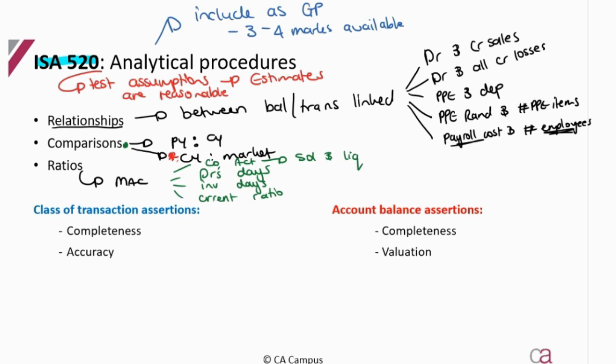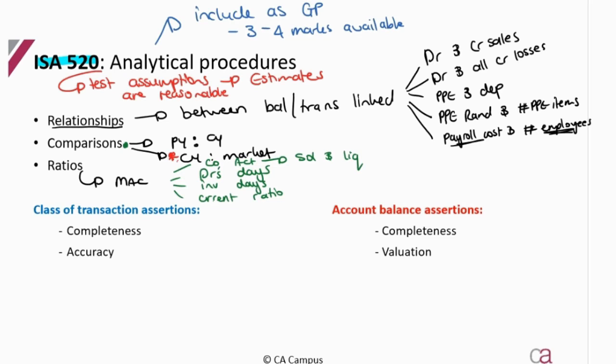And so that's why we say, when we chose our approach in the planning stage, if we chose to go with a combined approach, because we were going to test the controls and get evidence through testing controls, we could do analytical procedures to give us some evidence about the reasonability of that balance or transaction, and then just limited test of detail because I've got evidence from controls and now reasonability testing.